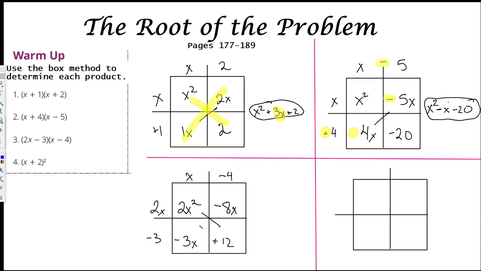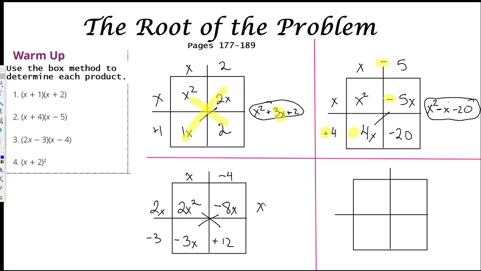We check our diagonals. Do both diagonals multiply to give you the same thing? 2x squared times 12 gives us 24x squared. Negative 3x and negative 8x give us a positive 24x squared. So they both match.